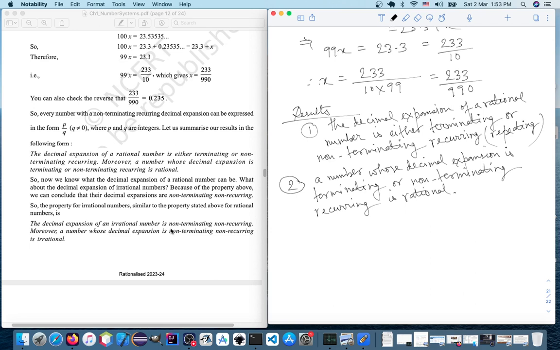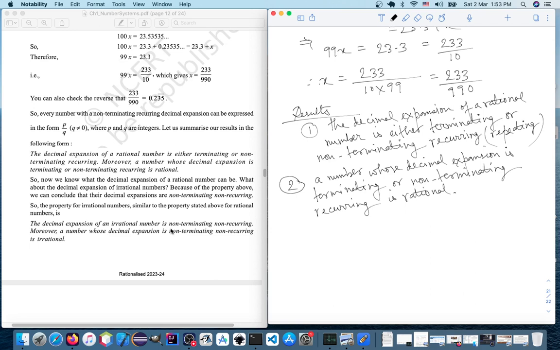On the number line, any number will either be a rational number or an irrational number. And if a number is rational, then its decimal expansion will either be terminating or non-terminating recurring.